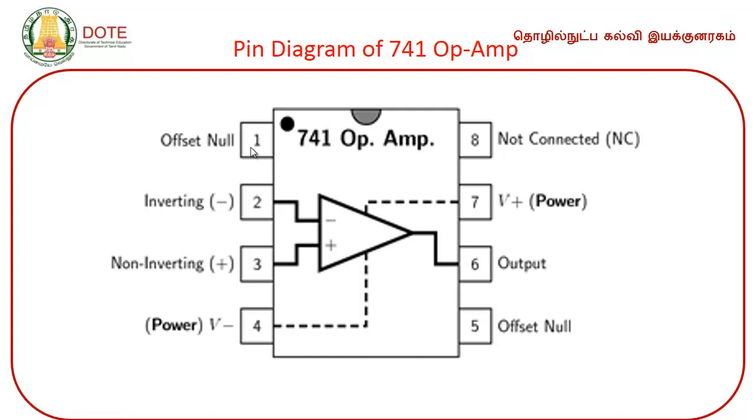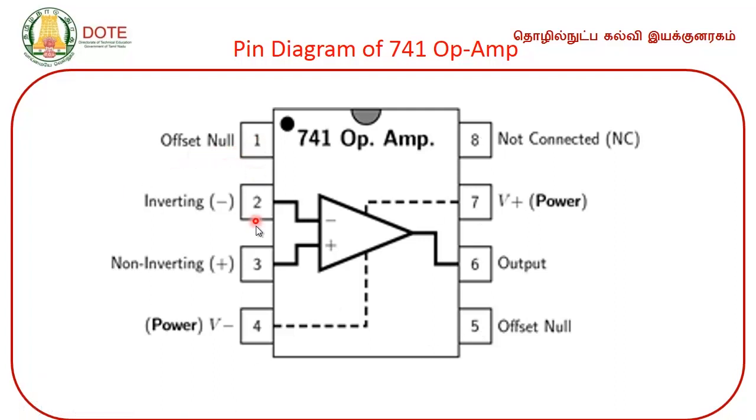Pin numbers will not be written, students, you have to identify pin number 1 like this, right. So, you have to count from 1 down: 1 2 3 4, and the right side starting from the bottom 5 6 7 8, okay, right.